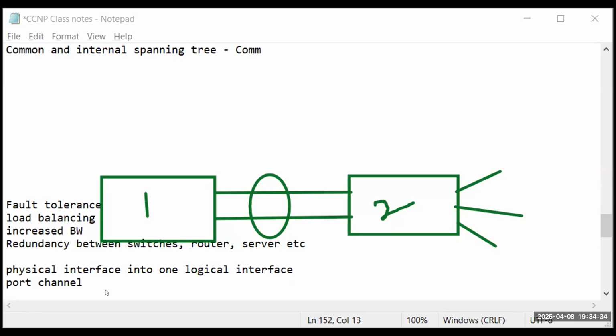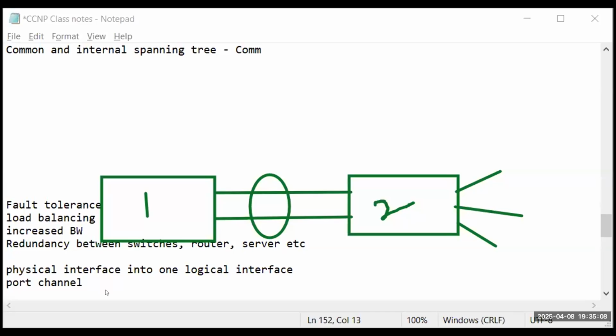But to bundle, see, trunk ports. In this scenario we are using 2. Likewise, the maximum we can bundle is 8. In real time, there won't be 8 ports between switches. But in the case of servers, VMs, VMware ESXi servers, high-end servers should have multiple ports connecting to the switch.